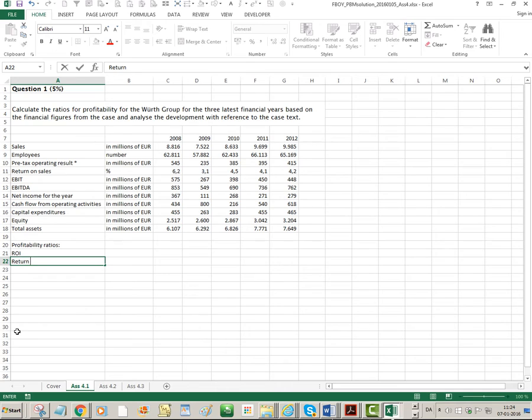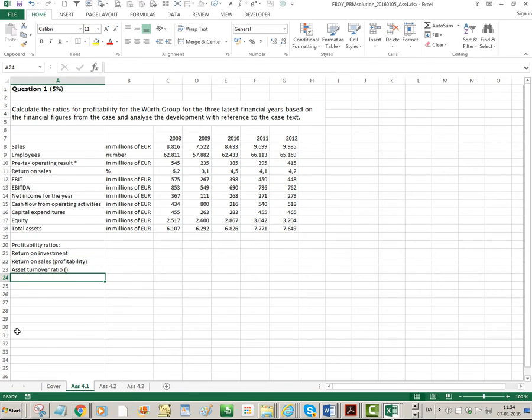Return on sales, I think they call that profitability. And here the asset turnover ratio, which they also call something else. I will add it: return on investment.